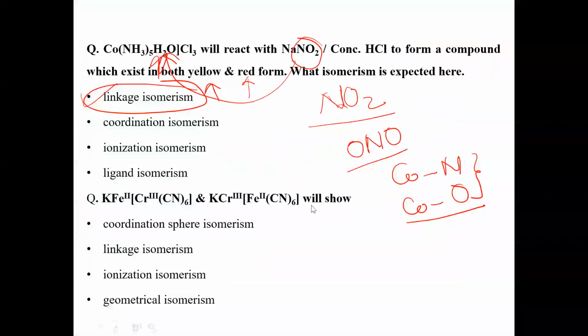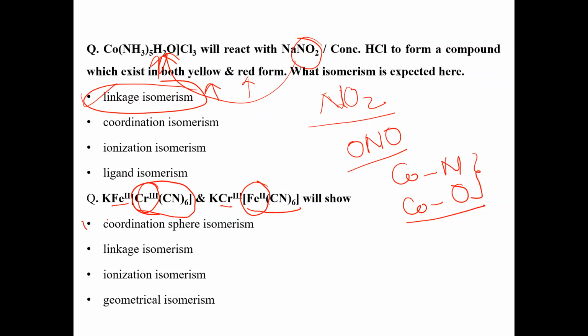So what about the second one? You can see in the coordination sphere, here you are getting a different metal atom, and here it is a different metal. Basically here chromium is outside the coordination sphere, and here iron is outside.